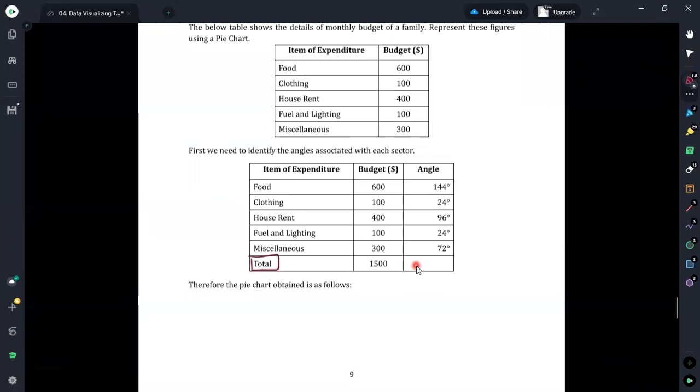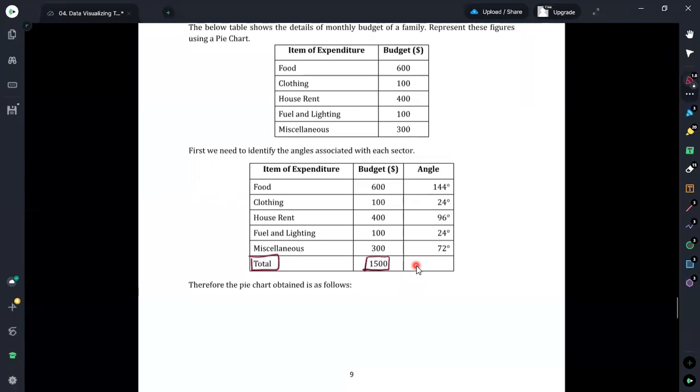I have taken the total budget, which equals 1,500 dollars, and then we can calculate the angle associated with each sector using the equation we have discussed previously.